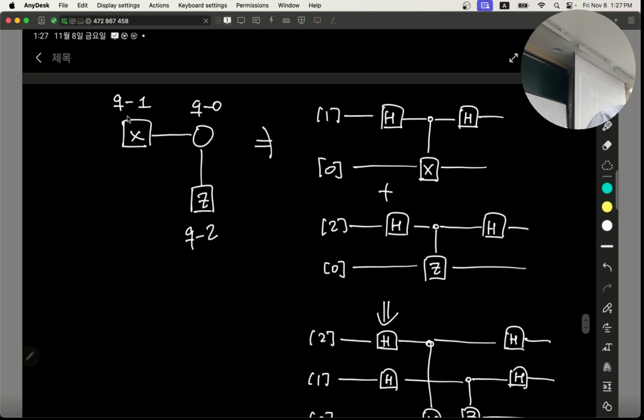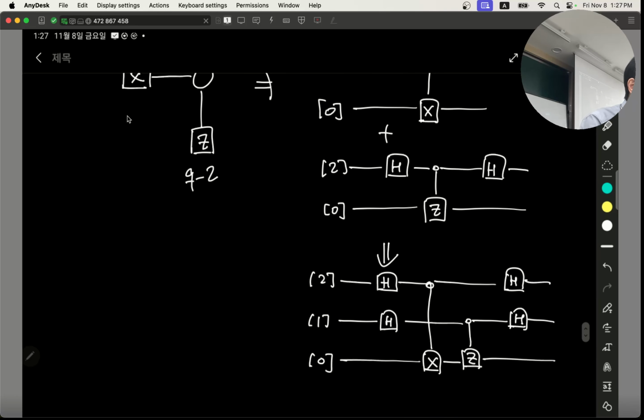So when I draw these three gates and these three qubits in the picture like that, that means I have the circuit in between these three qubits like this. So this is what this diagram means. Okay. So when I run the circuit, it depends on the order, but this is the right order.